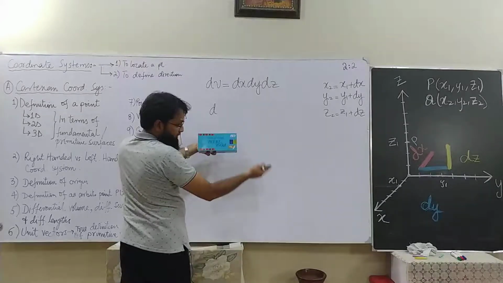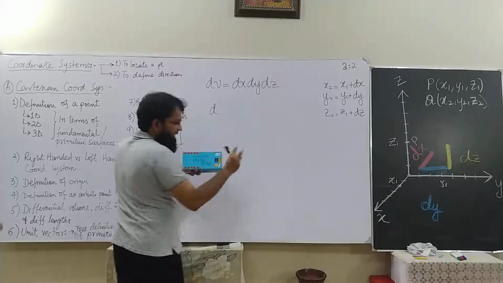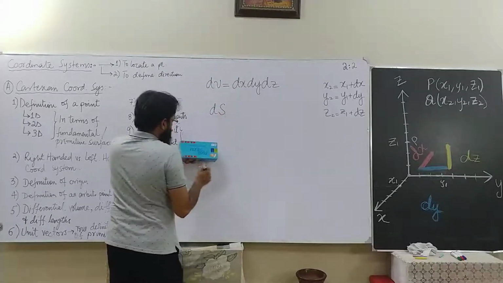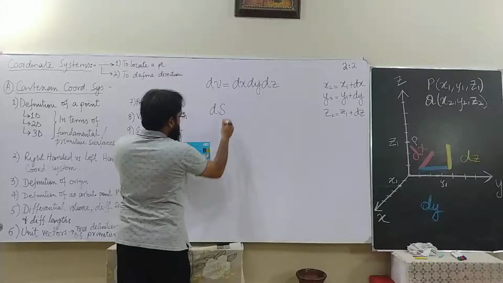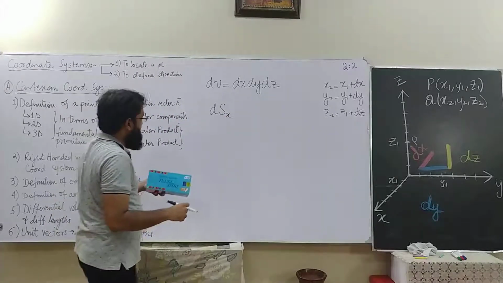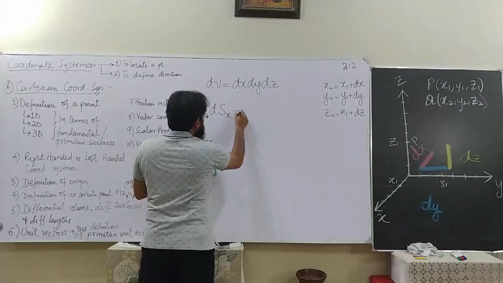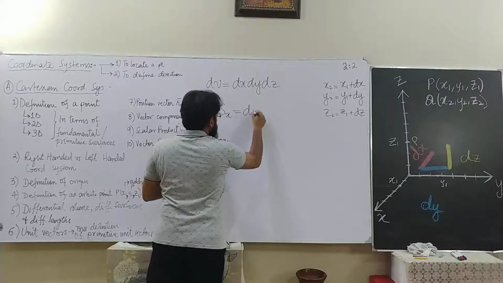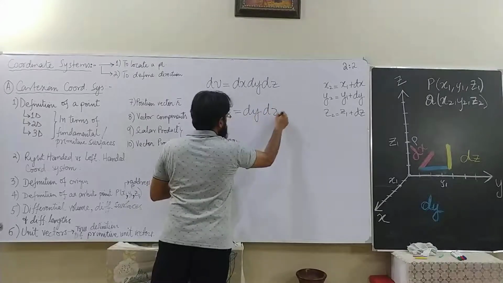So the surface is also differential. The differential means extremely small. So let me call this differential surface dsx, the surface at which the value of x is constant, and this is formed by dy into dz.